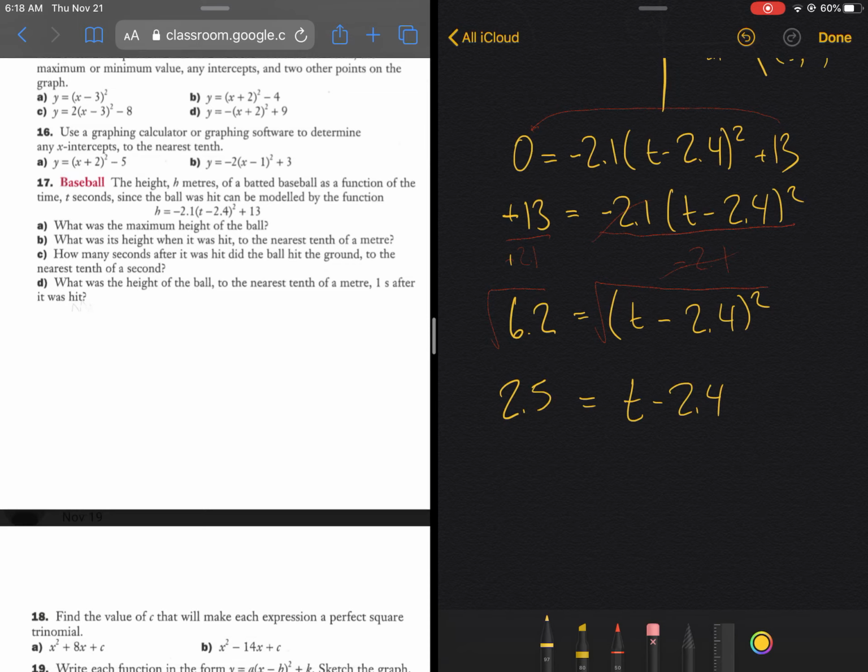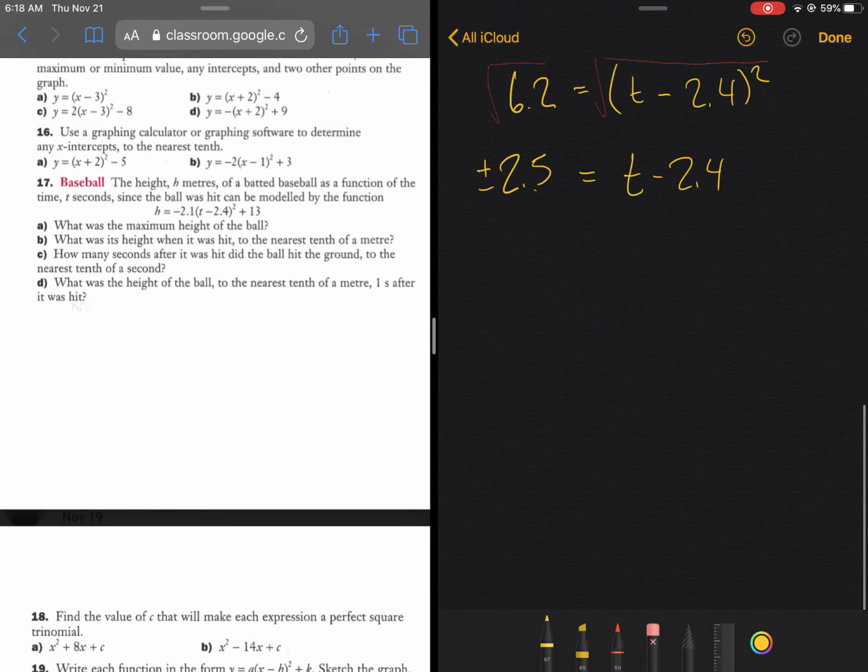Now, this is positive or negative, right? Because negative 2.5 squared would give approximately 6.2, and positive 2.5 squared would give 6.2. So we have two possible answers: 2.5 equals t minus 2.4, and negative 2.5 equals t minus 2.4.